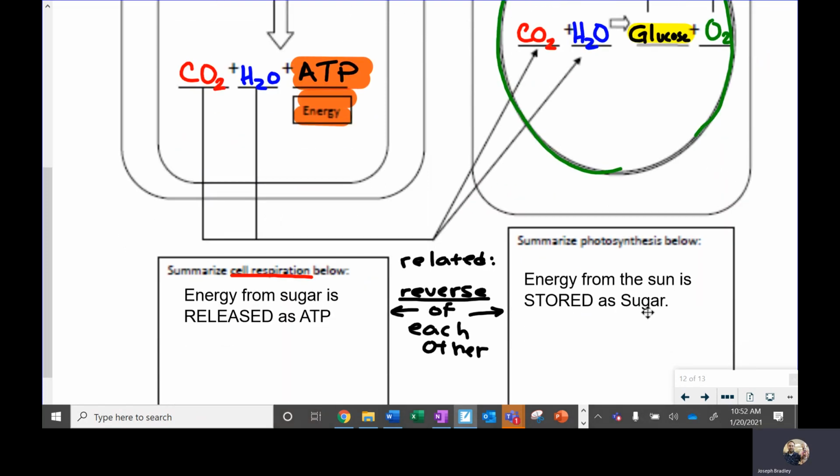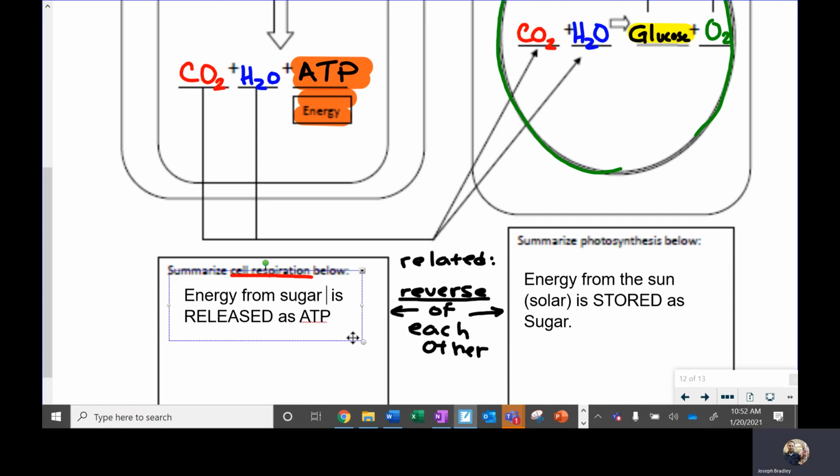So if we summarize this, cell respiration is energy released from sugar to make ATP. Photosynthesis is energy from the sun stored as sugar. To note, remember that the sun can also be referred to as solar energy.